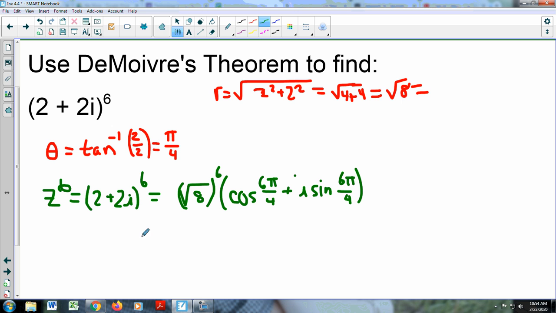Square root of 8 to the 6th power is 512. I'll just double check that number. It is. I'm just doubting my math after I screwed up on the last one. That's cosine of 3 pi over 2. I'm just simplifying.